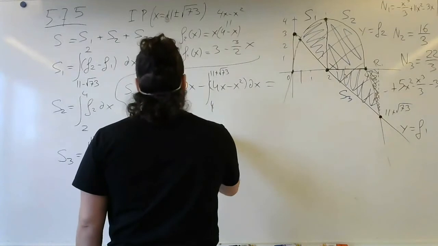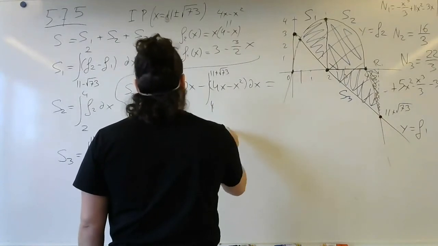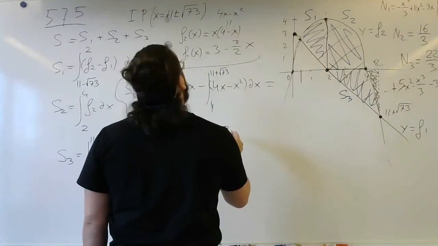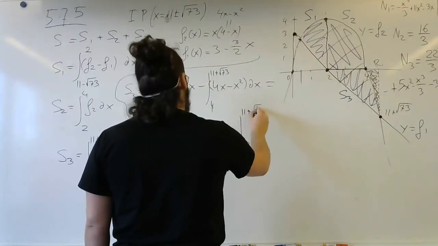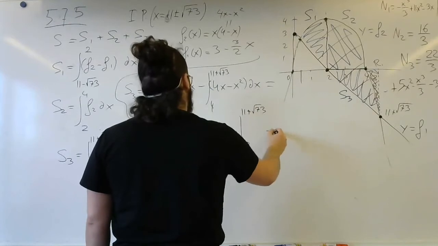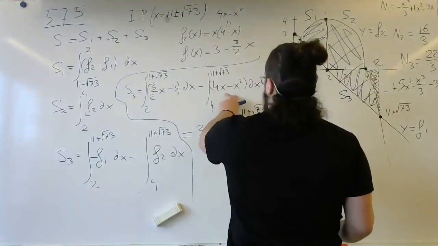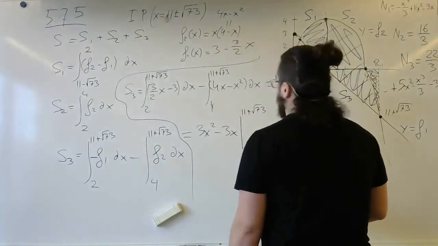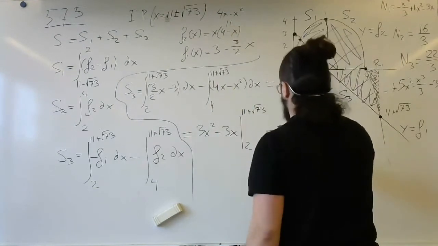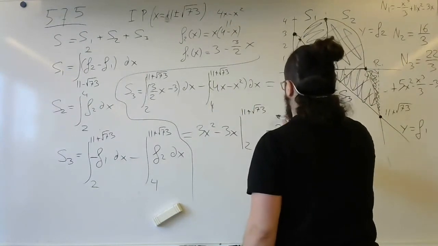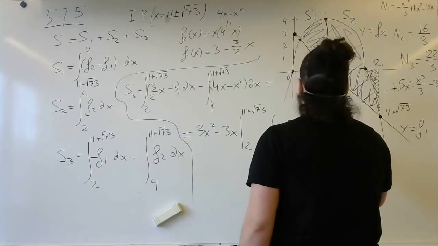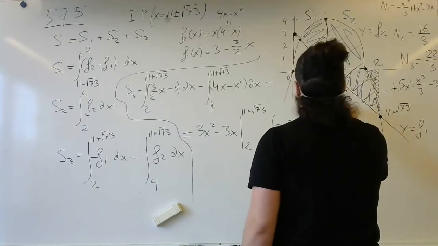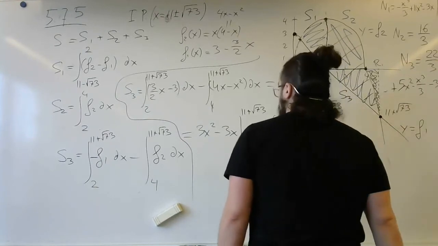So we have 3x squared minus 3x minus, or maybe we can flip the terms around, but whatever, 2x squared minus x cubed over 3 evaluated from 4 to 11 plus a square root of 73.